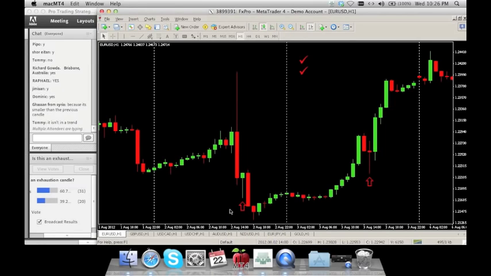Okay, what is the main reason this is not an exhaustion? There you go, Phil. Phil's got it. Smaller than the previous candle. Look at the size of this last sucker here. It's humongous. This little thing has no chance.